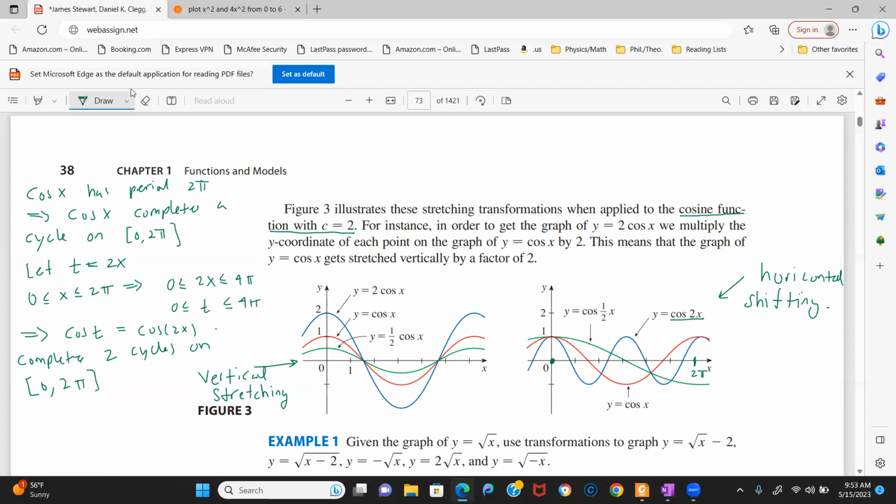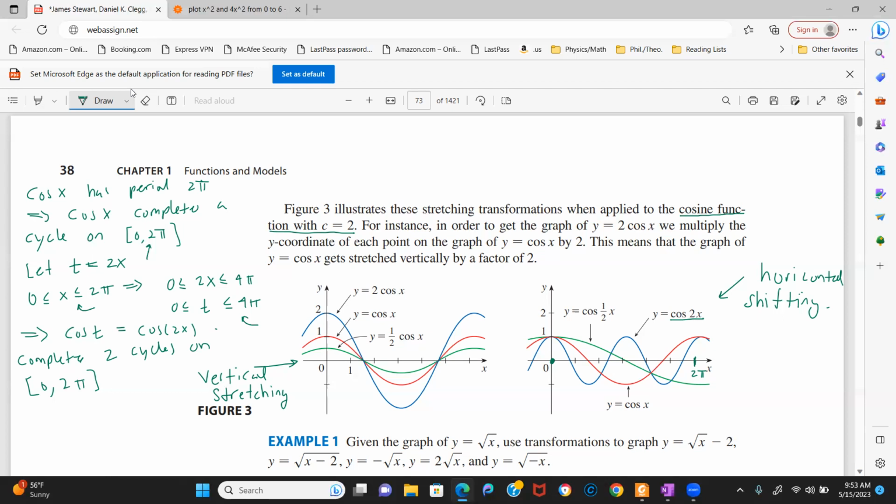The language gets a little funny because you're trying to figure out the best way to express things. But basically, cosine t, which is the same thing as cosine 2x, completes 2 cycles on 0 to 2 pi, because as x is between 0 and 2 pi, t varies between 0 and 4 pi.